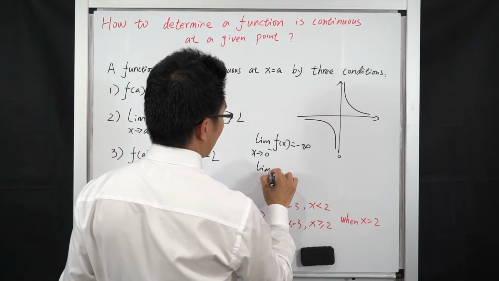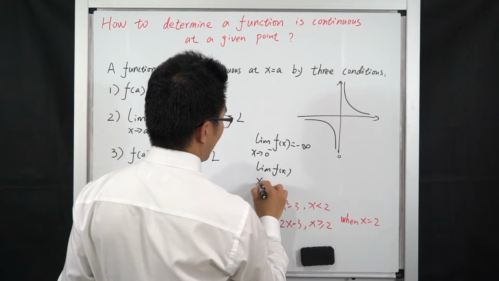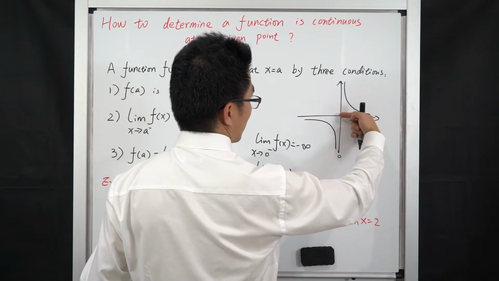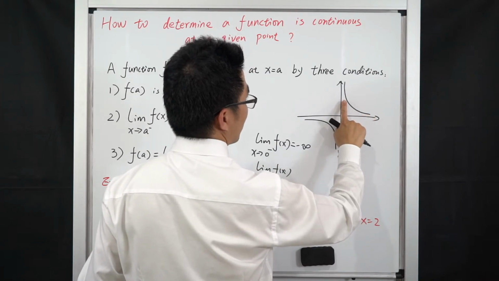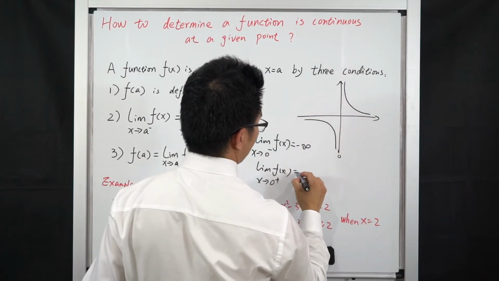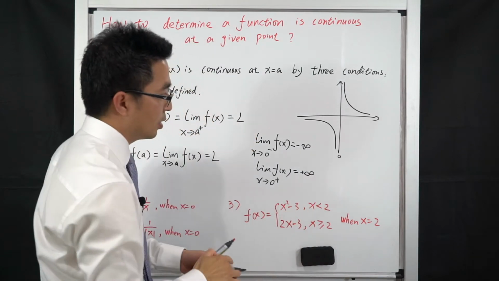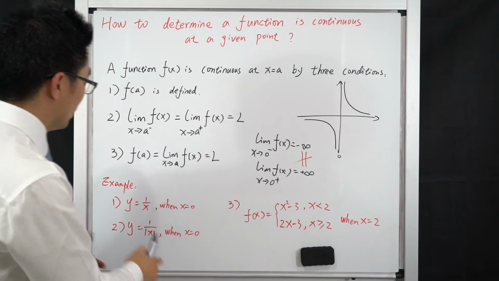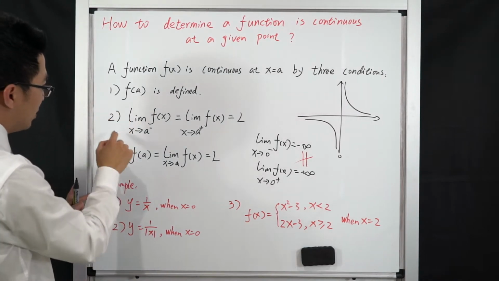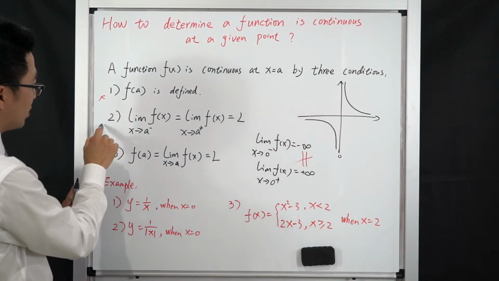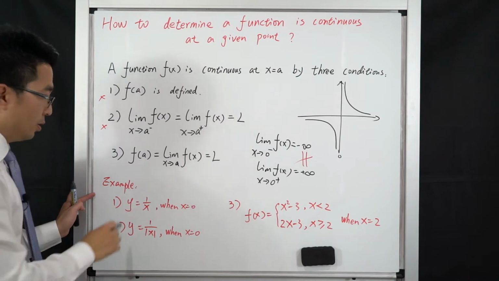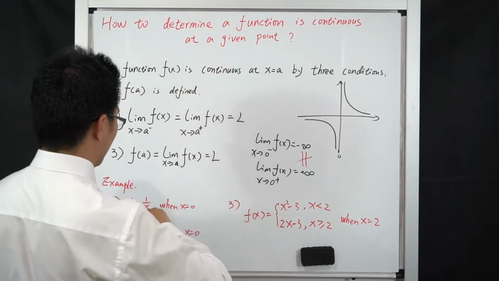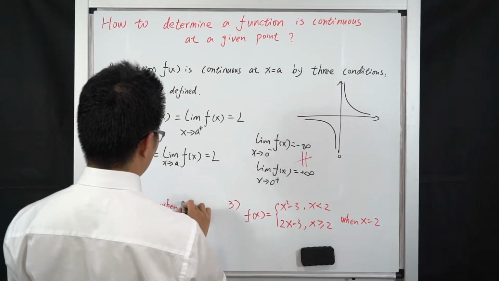And the limit of the function when x approaches 0 from the positive side will be positive infinity, right? This one doesn't equal this one. So this one doesn't meet the second condition, and also doesn't meet the first condition. So the first one is discontinuous.